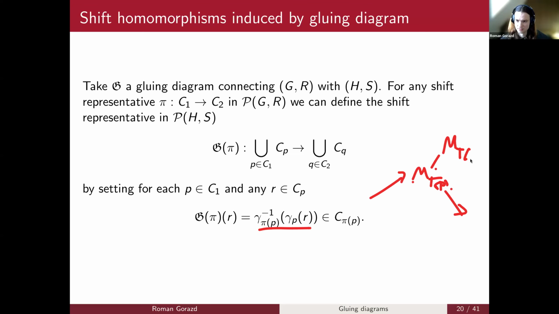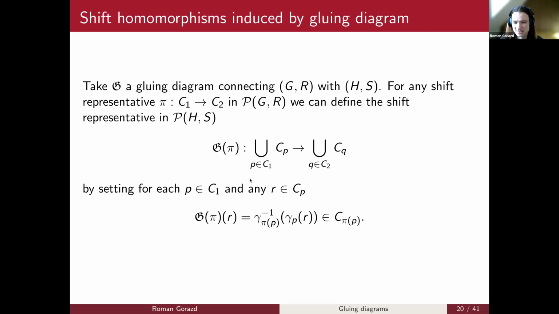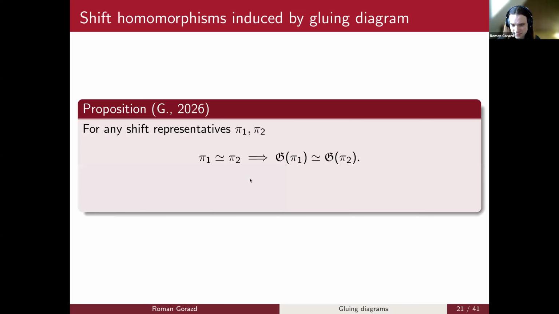So it's basically just going as here, going here 1 to 1, 2 to 2, 3 to 3, just written down so it makes sense notationally.